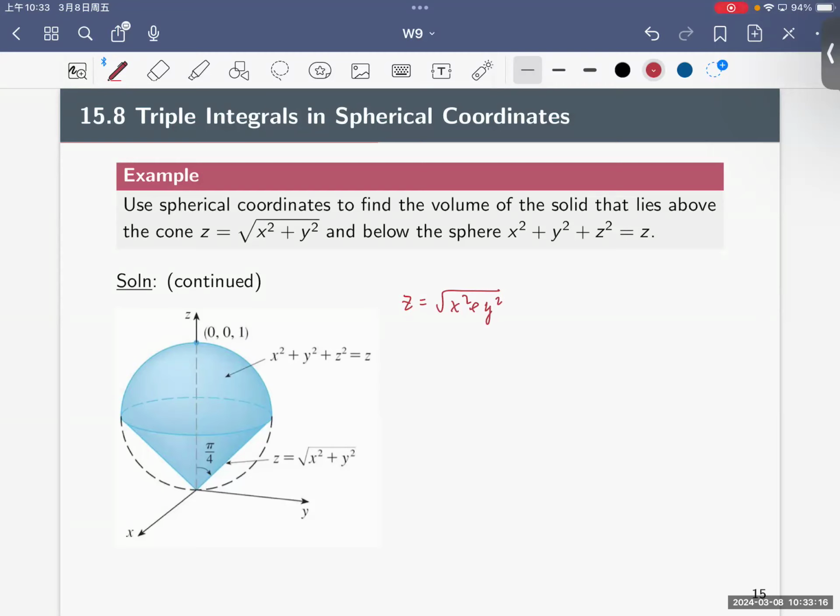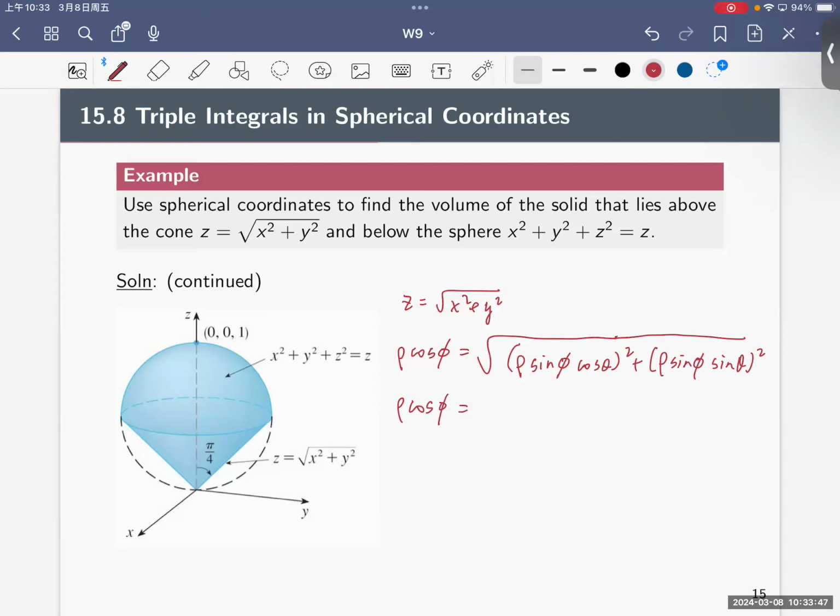So z is equal to rho cosine phi, and x is equal to rho sine phi cosine theta, plus y is equal to rho sine phi sine theta in spherical coordinates.